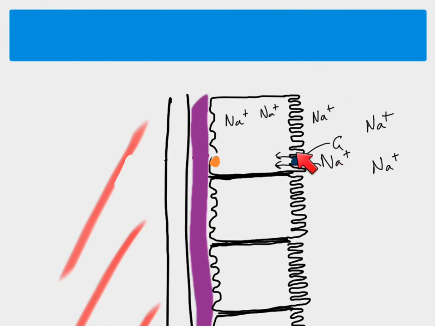So it's an active process, but it's not using ATP. We call it secondary active transport, because the only reason that this can happen is because this sodium-potassium pump set up the concentration gradient in the first place, and this sodium-potassium pump needed energy, ATP, to do that. So, secondary active transport moves glucose along with sodium ions into the cell.